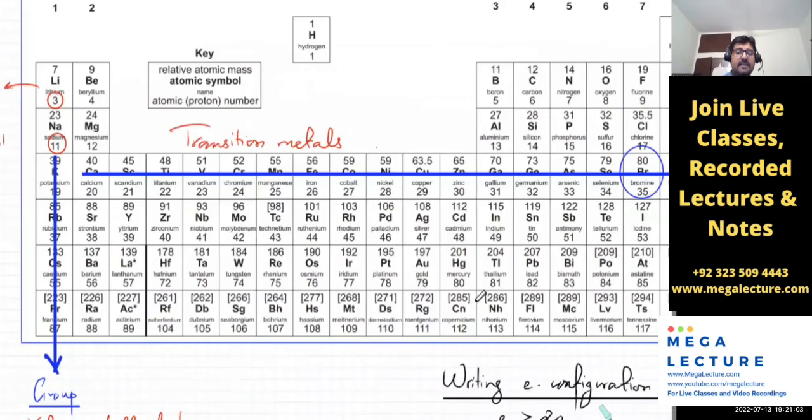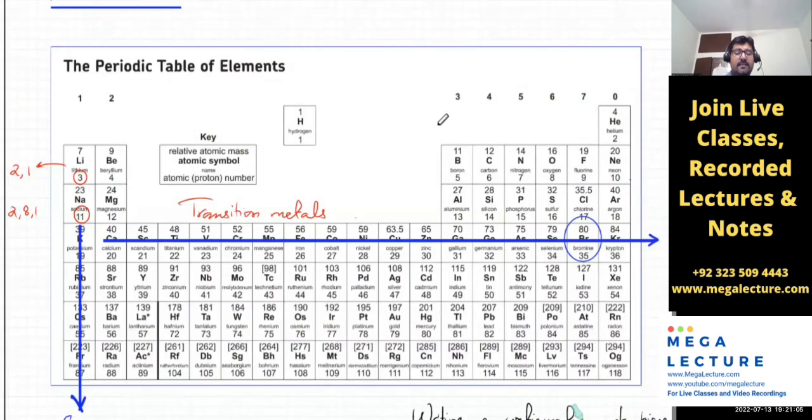If something is in group 3, like boron, by looking at the periodic table, you can tell that it's got 3 valence shell electrons and it's going to have a total of 2 shells. It's in the second period. So it's going to have a total of 2 shells. You be clear, right?